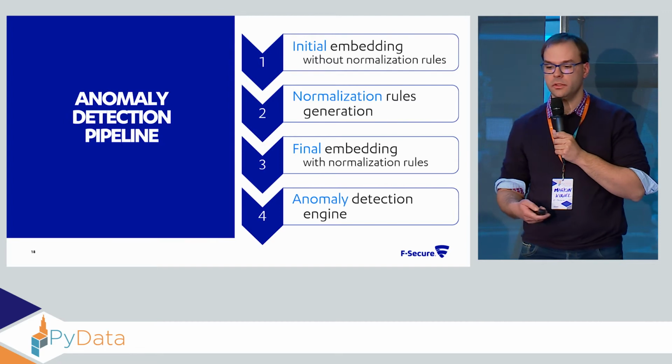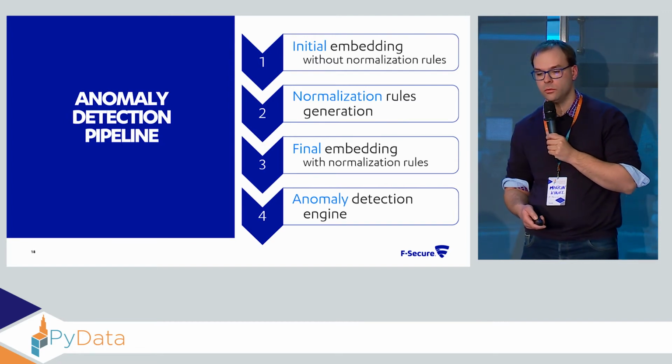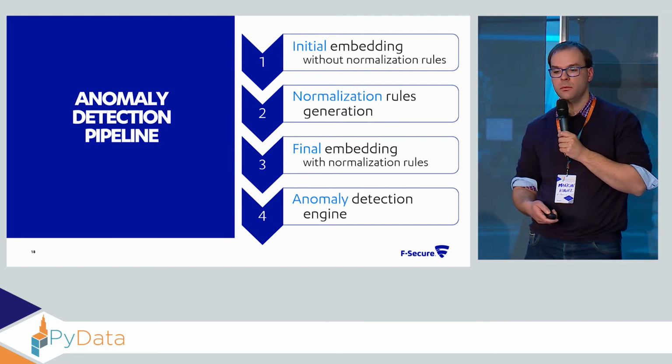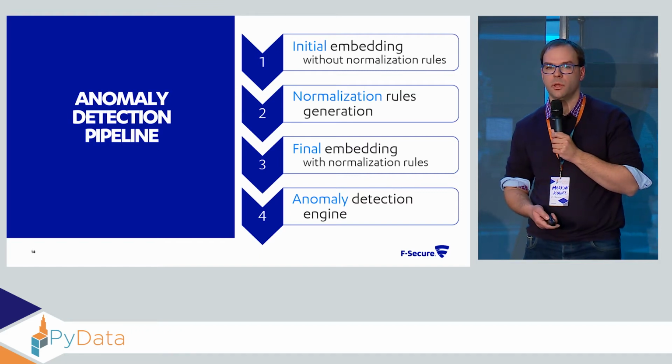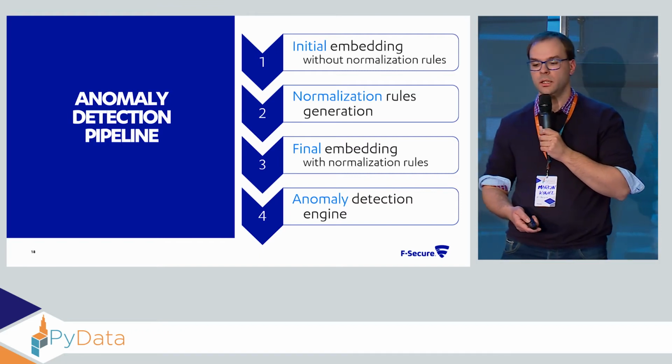So we use this concept to create the embeddings, but because we have these huge random components and this huge imbalance of the words, we try to normalize our data set to lower the memory or CPU usage.